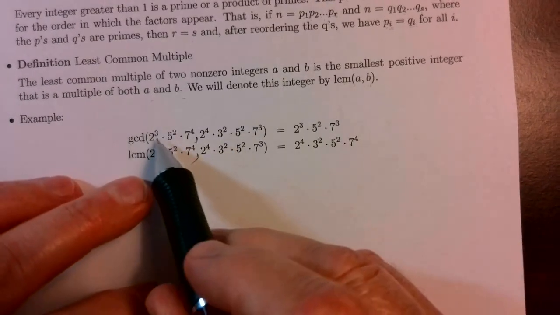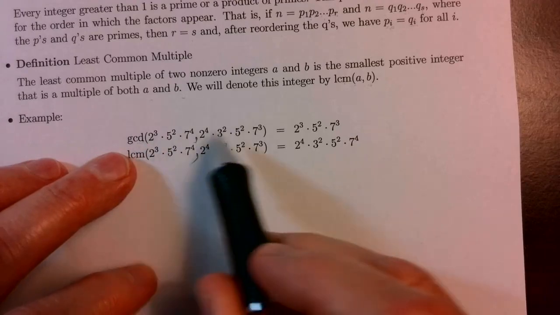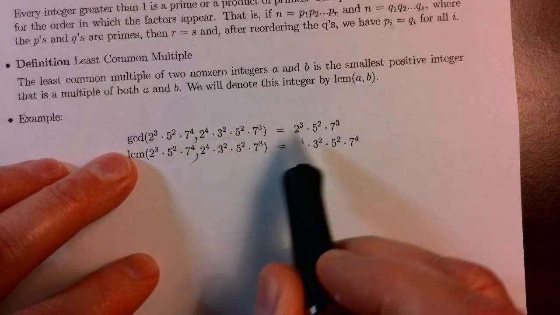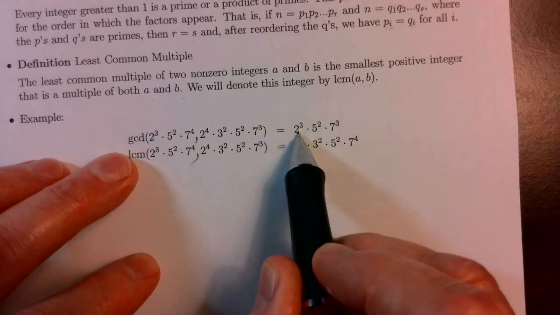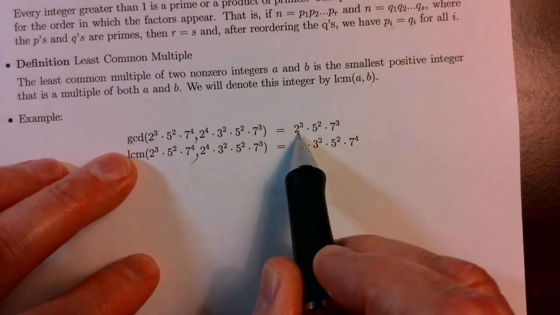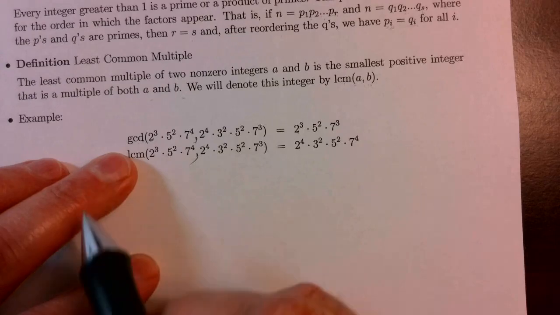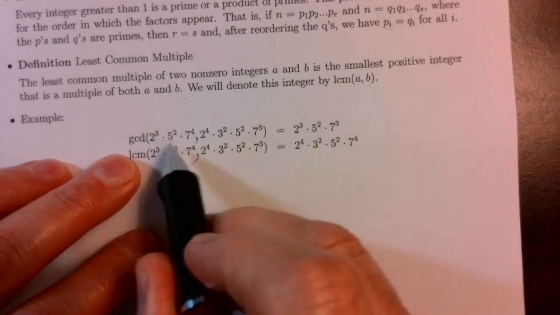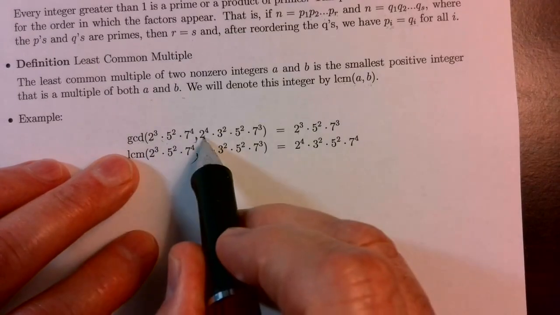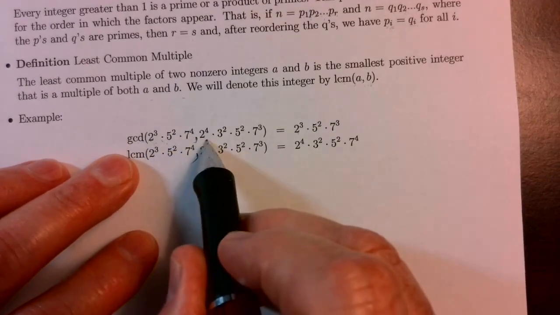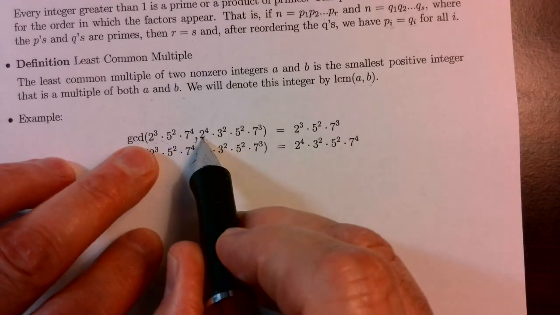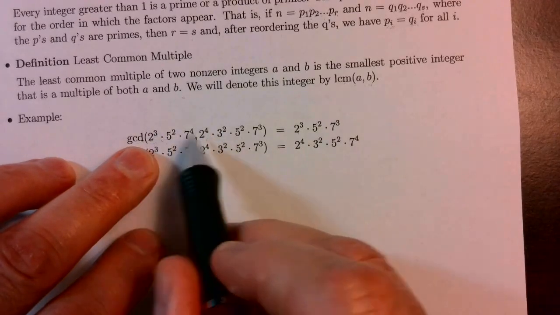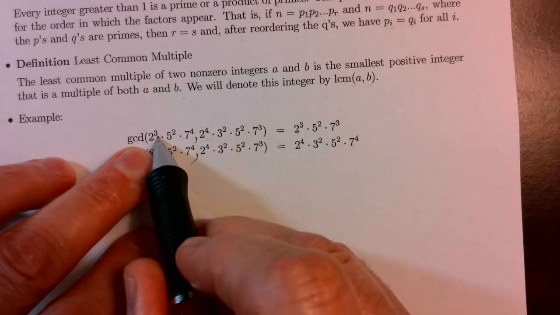and then to find the GCD, we go over the primes and take only those primes that appear in the factorization of both numbers, and we write the prime with exponent the smallest of the two.